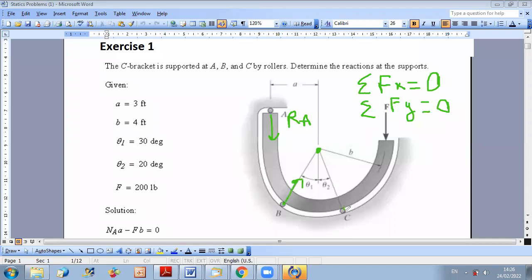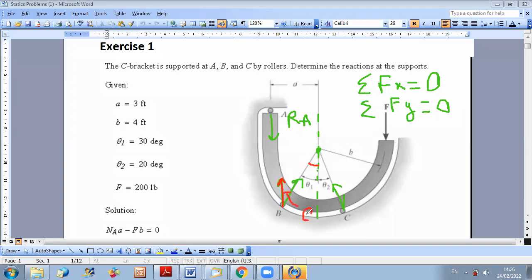This is relatively simple because, as you can see in the figure, they gave you the angle between the vertical and these two forces. When you want to project RB, RB has a positive projection on Y. Let us choose another color for the projections. As you can see from the figure, this angle is equal to this one.